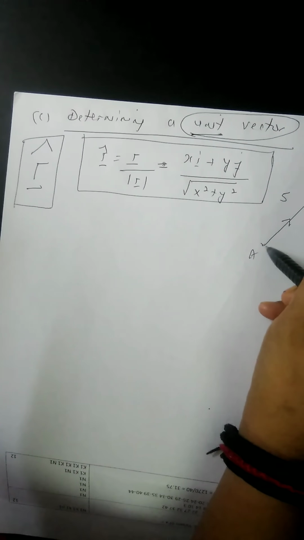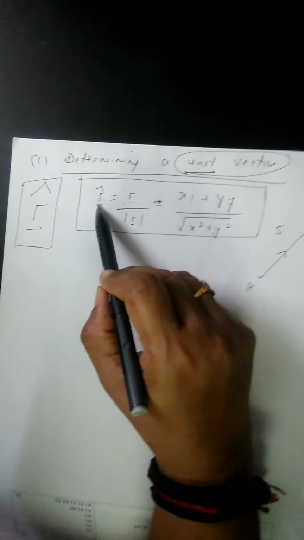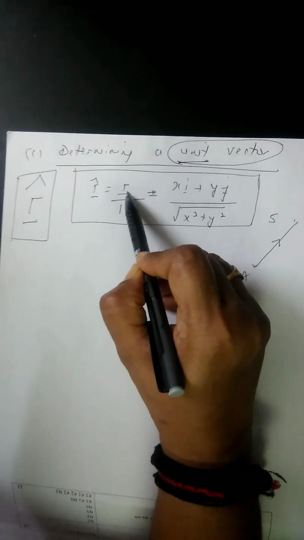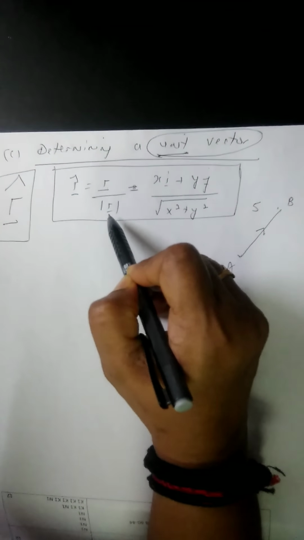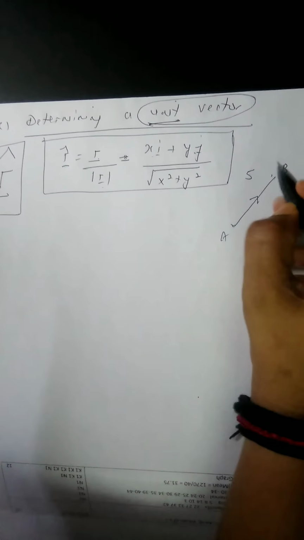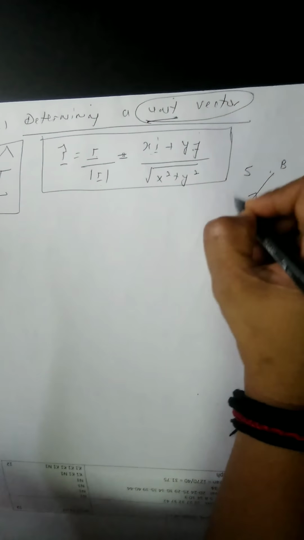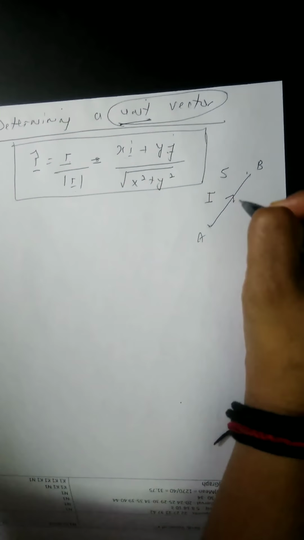So if I'm looking for the unit vector of AB, let's say I denote this vector AB as R. So R equals xi plus yj.